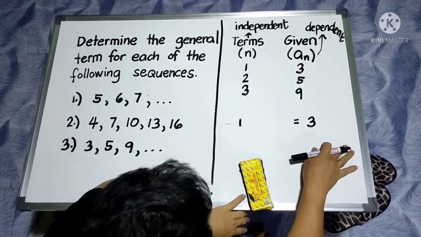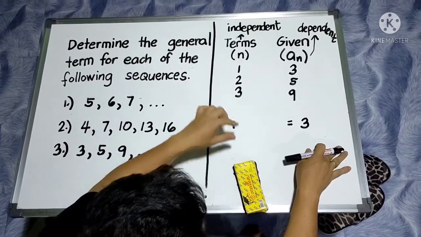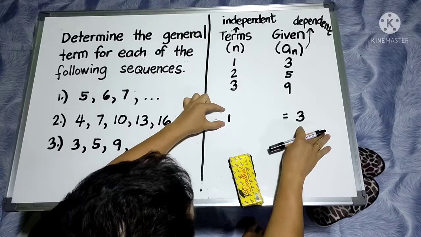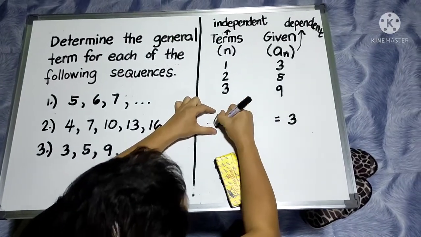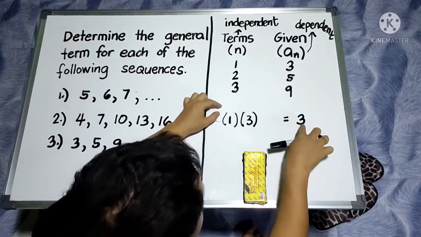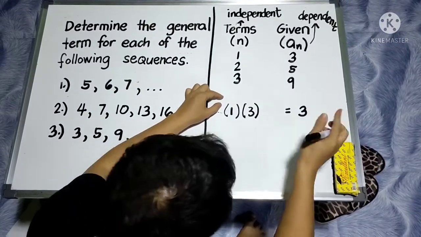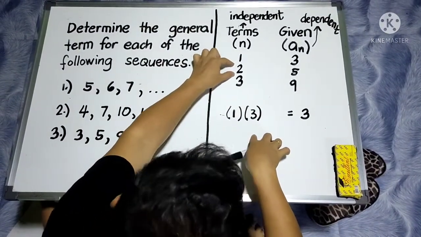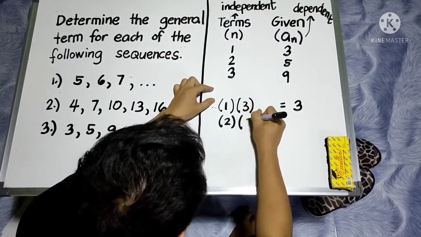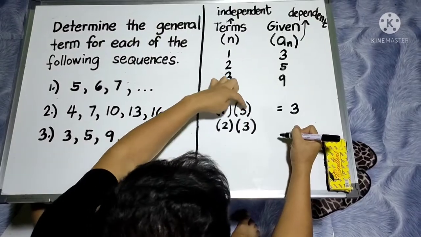Proceed to multiplication. So what are you going to multiply with your 1 to get 3? So you will say, I will multiply it by 3. Okay? 1 times 3 is 3, and that's true. Let's proceed to the second term, if it's true. 2 times 3. Okay? Times 3.